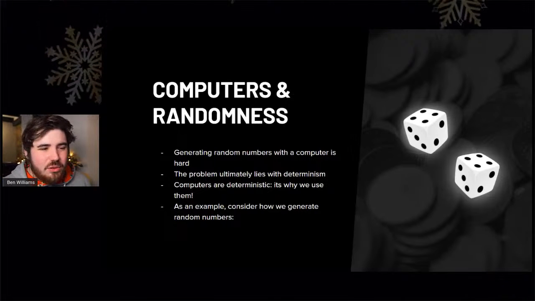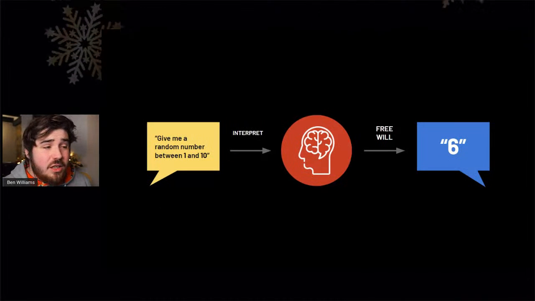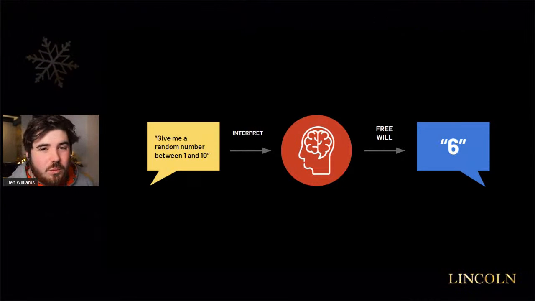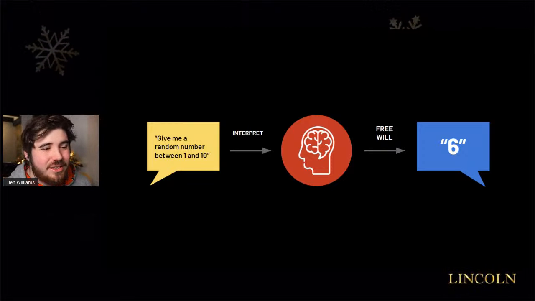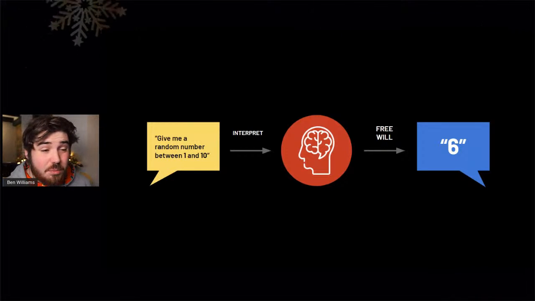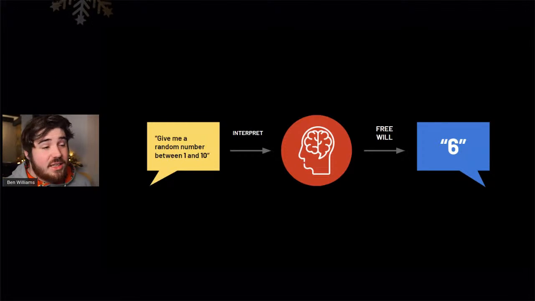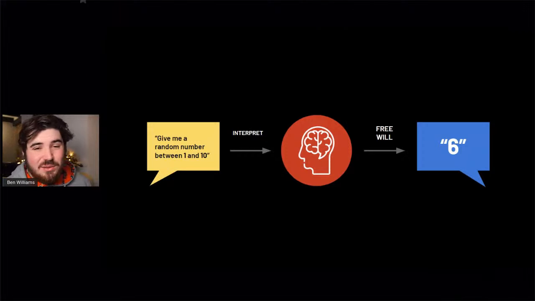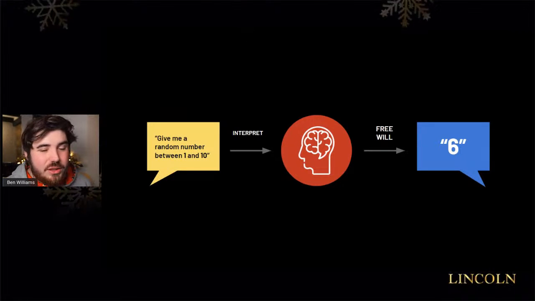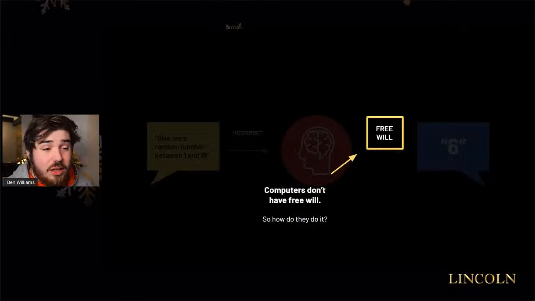So as an example, to highlight this, consider how we might generate random numbers. If I asked you, give me a random number between 1 and 10, your brain's going to interpret that command, and you're going to come up with maybe the answer 6 here through free will. So I say, give me a random number between 1 and 10. You think about it and you go, oh, right, 6. But you've arrived at that result, 6, through free will, right?